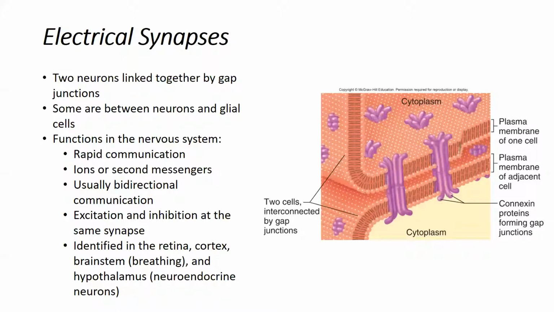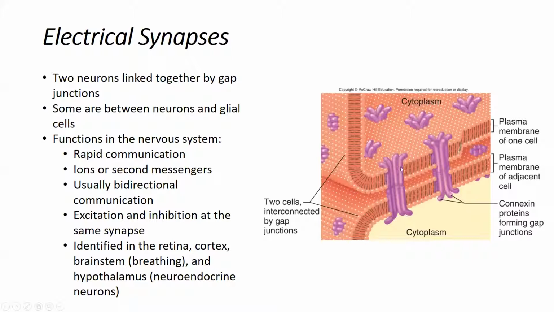These are supporting cells in the nervous system. Now, the unique feature of electrical synapses is that they allow for rapid, open flow of communication between two neurons. Okay, so this is one neuron. This is the cytoplasm of that cell. This is an adjacent neuron, and these are connected via this gap junction.